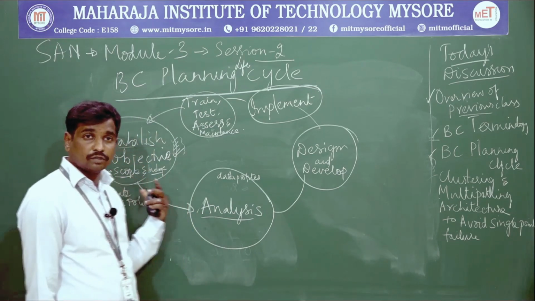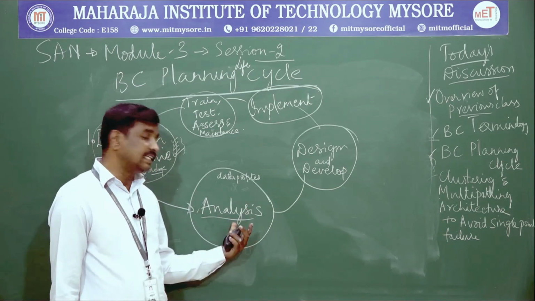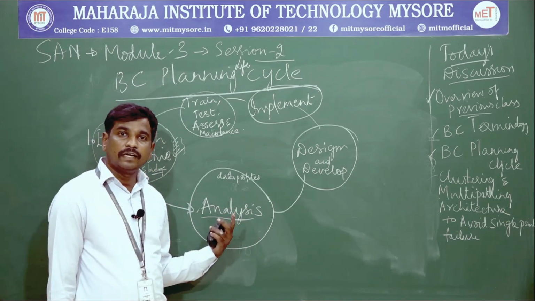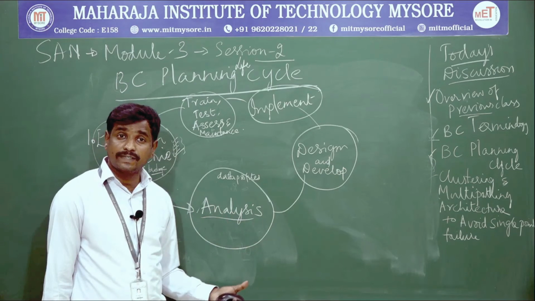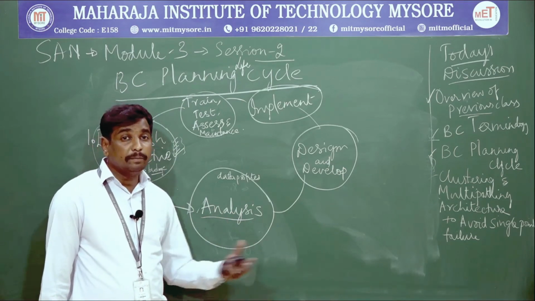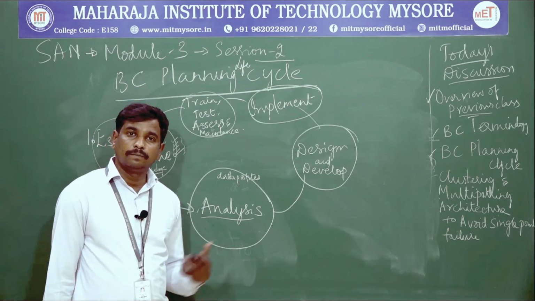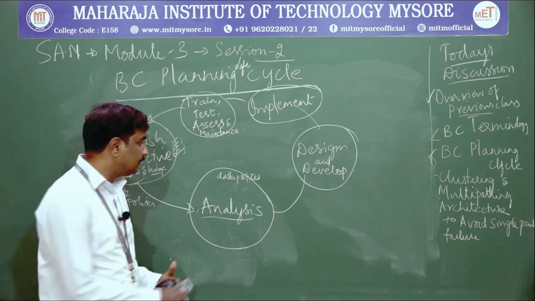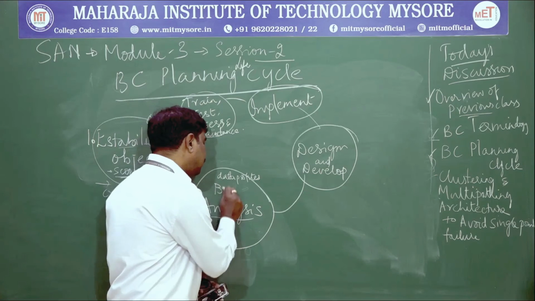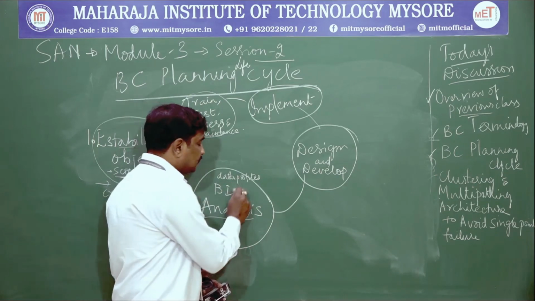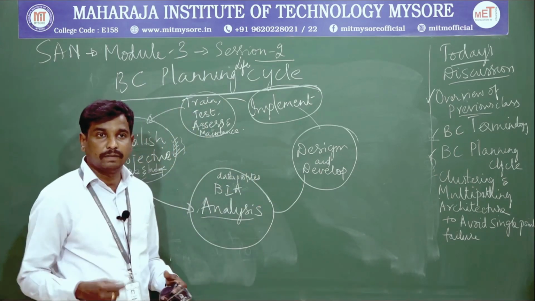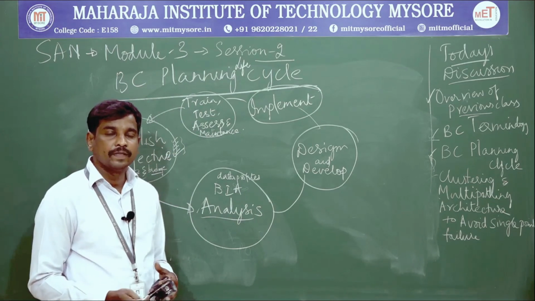The scope can also be identified by analyzing the data profiles, the business processes they are doing, and the dependencies of other people and the business infrastructures, and they will develop a business impact analysis by analyzing all these.